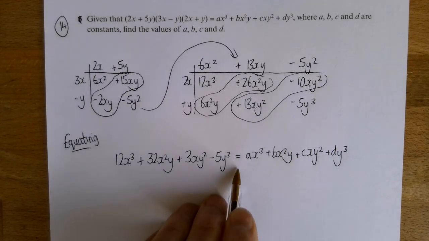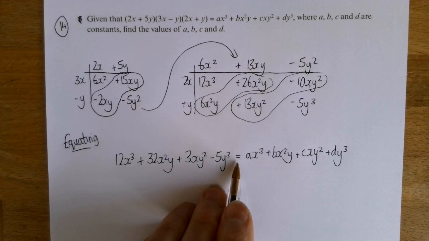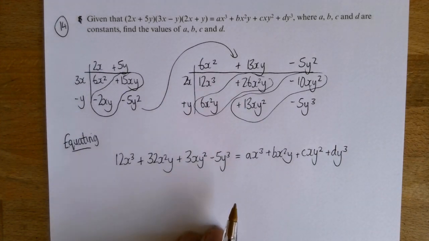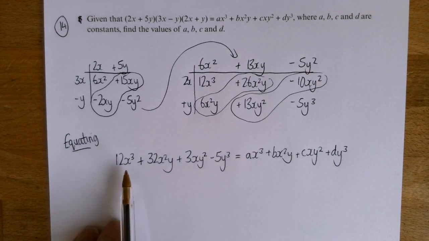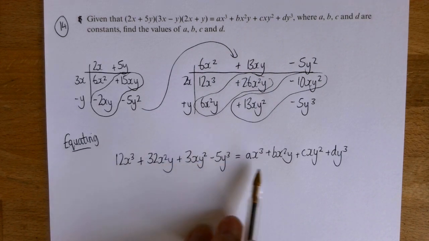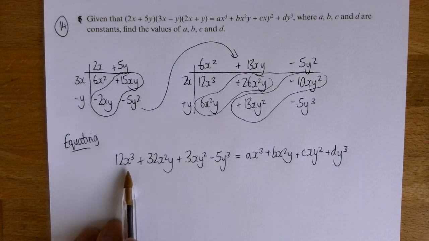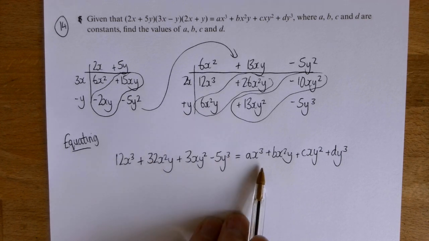It comes from the name of this, the equal sign. And we're basically saying that if you have an expression on one side and an expression on the other side, then the number of each term has to be the same on both sides. So the number of x cubed on this side has to be the same as the number of x cubed on this side, etc., etc., etc.